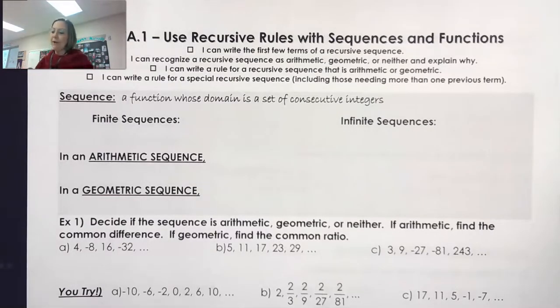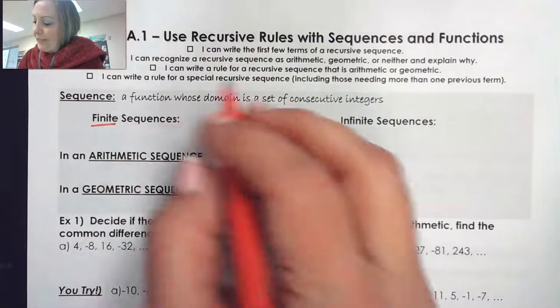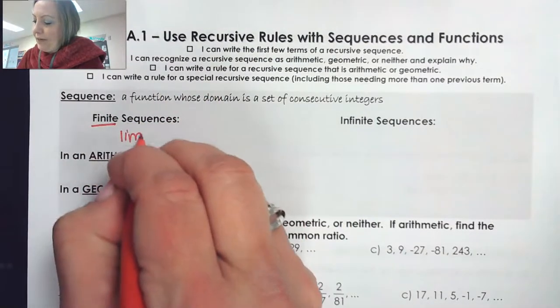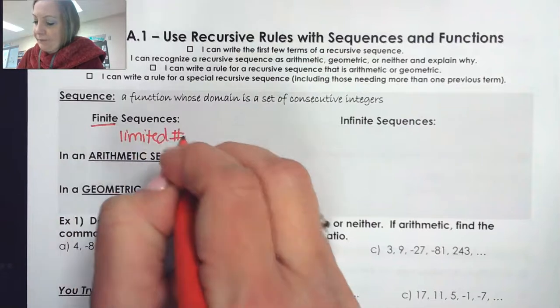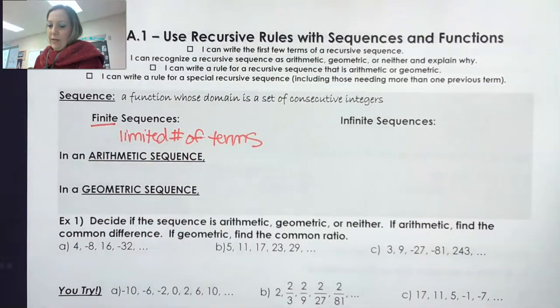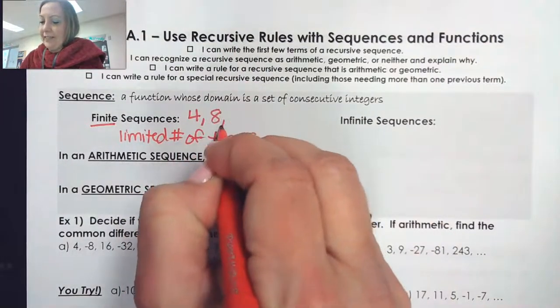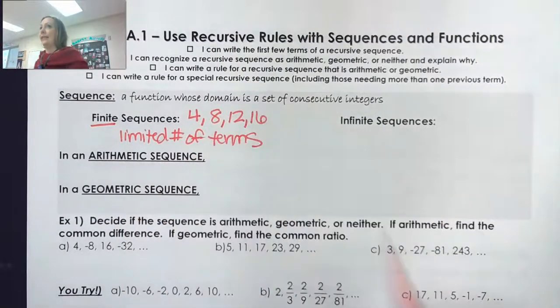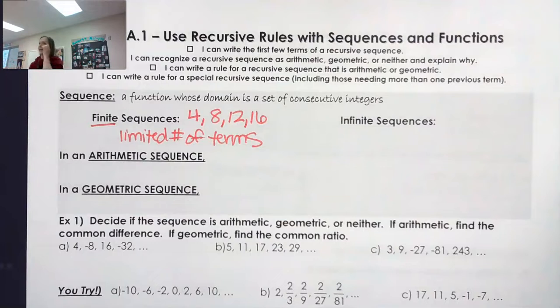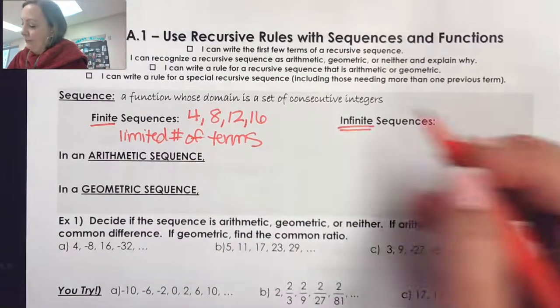So when we talk about a finite sequence, that is something with a limited number of terms. So something like 4, 8, 12, 16, then stop, okay? So that's a finite sequence. And if something is infinite, what does that mean?